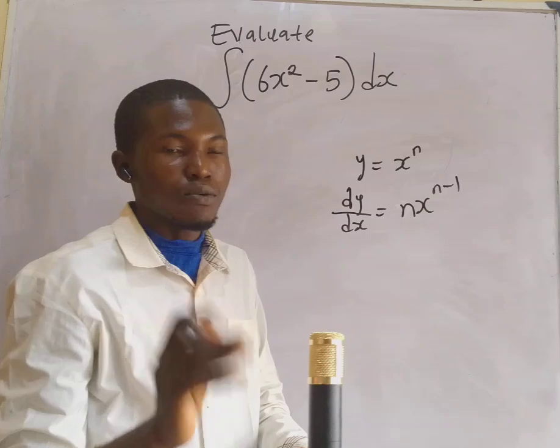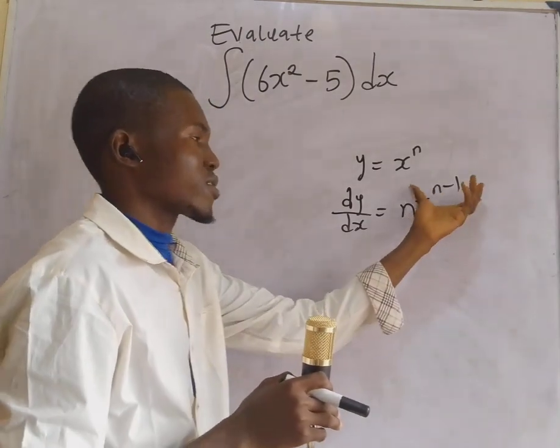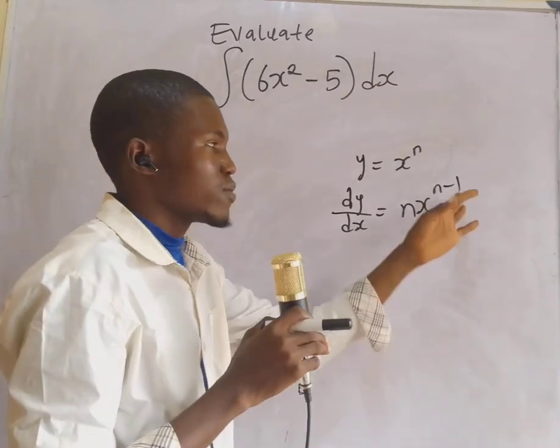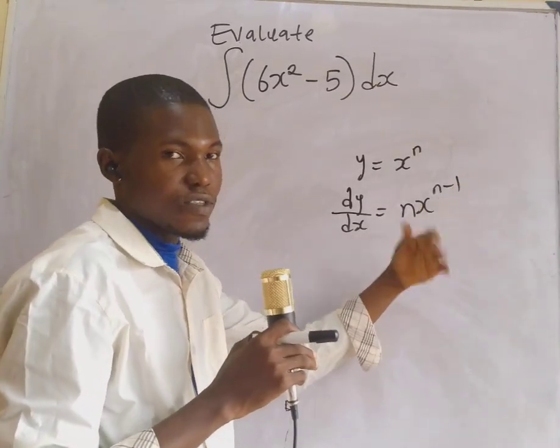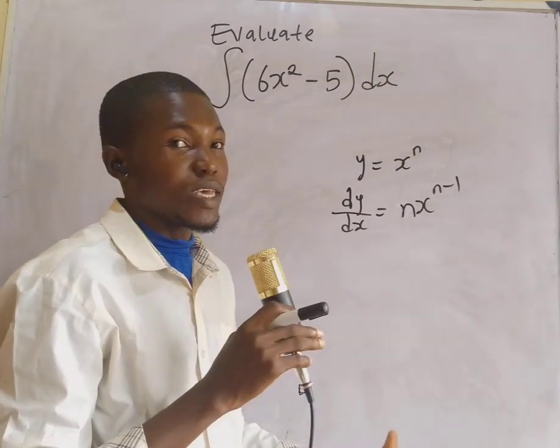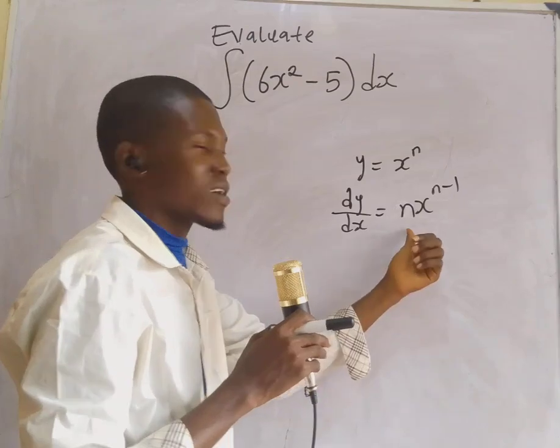Let me tell you what we did. Here we subtracted 1, then here we multiplied. We do the opposite. Here we subtracted in differentiation; if it is integration, we add. Here we multiplied; the opposite of multiplication is division, so we divide.